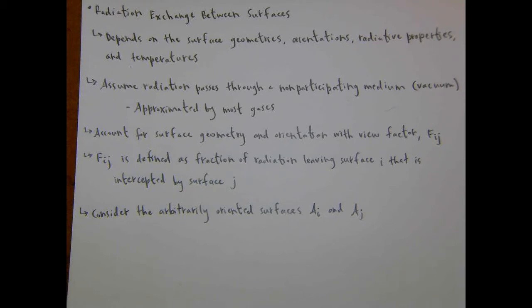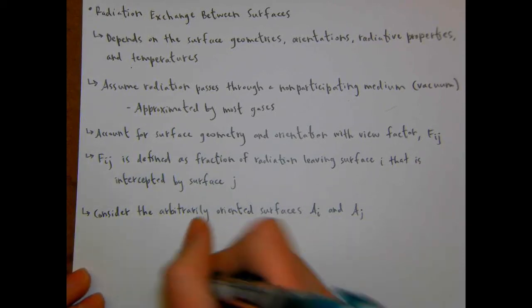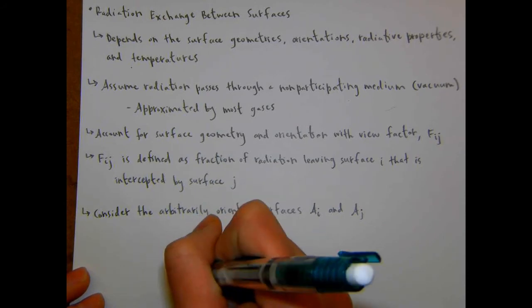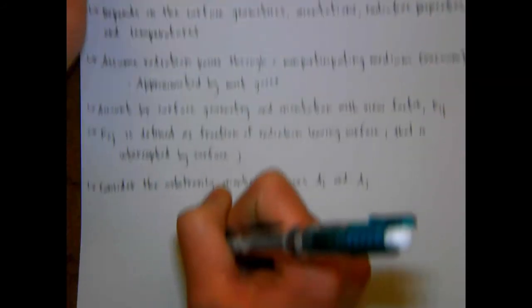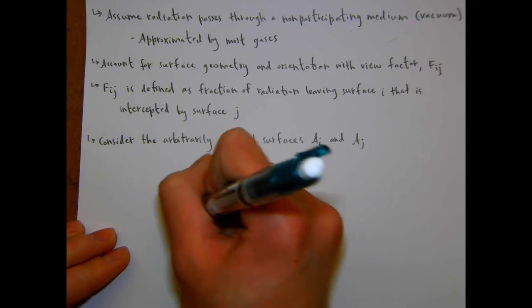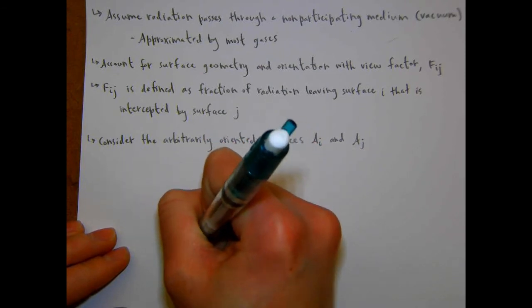Even in this room, we're all emitting radiation going in all different directions, and some of it is being absorbed by our neighbor and some of it is going up to the ceiling. So usually just a small fraction of the radiation emitted by a certain surface is intercepted by another surface of interest.